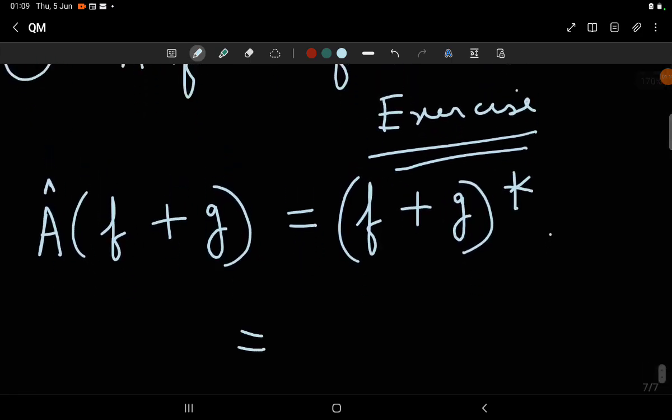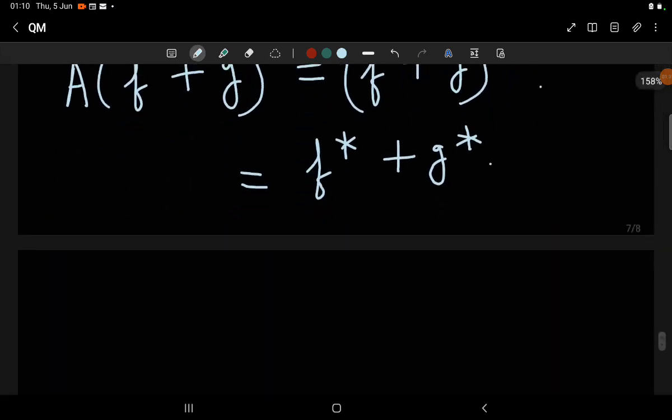And we know that if we take the complex conjugate of the sum of two complex numbers, it's the sum of the individual complex conjugates. This should be known from ideas of complex numbers. We can also check by taking two complex numbers. Now what is Af?